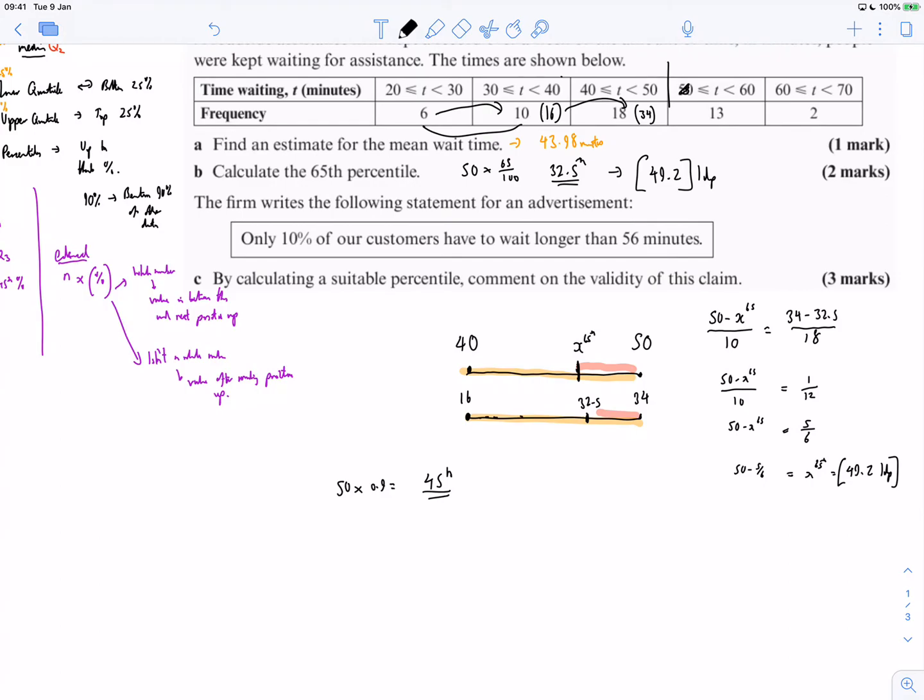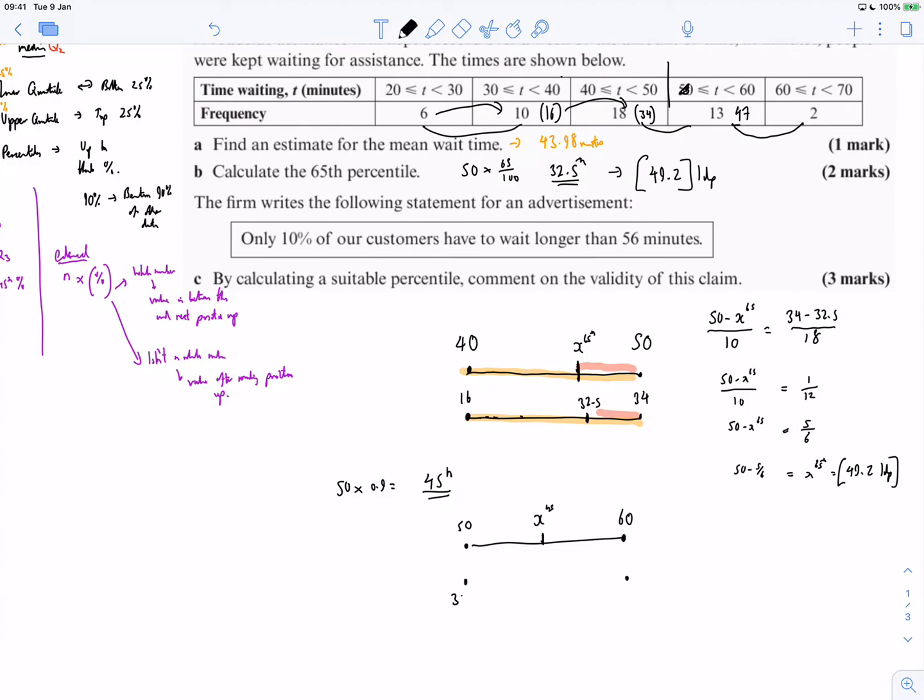Okay, well, clearly the 45th position is going to be in the 50 to 60 column. So same deal again. This is 50. This is 60. And the 45th position is going to be somewhere. Let's call that x 45. And then the group below it, if this is 34 plus 13, that's going to be 47, isn't it?